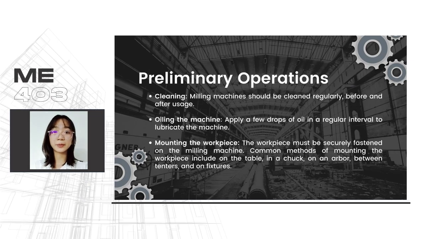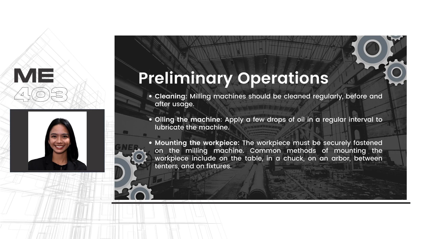Before running the machine completely, preliminary operations should be done on the milling machine. This includes cleaning the machine, oiling the machine, and mounting the workpiece. The importance of a clean machine holds much significance and cannot be emphasized too strongly. The machine's accuracy and durability depend on the level of maintenance and cleaning an operator is doing.